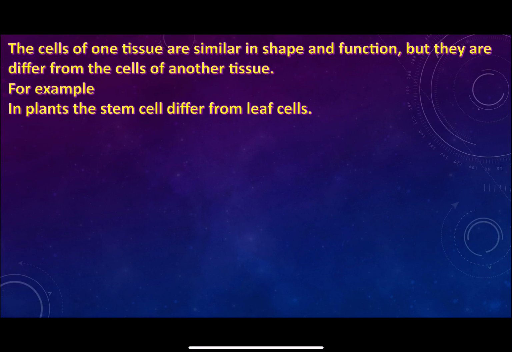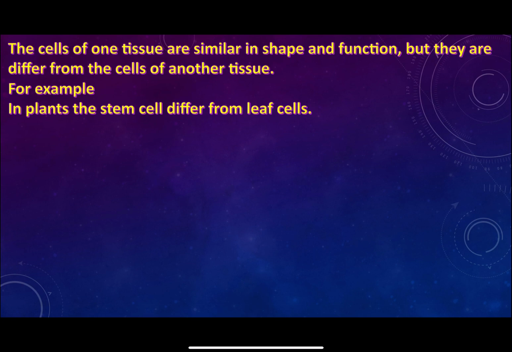Now we will turn to another point. Do you know the cells of one tissue are similar in shape and function, but they are different from the cells of another tissue?